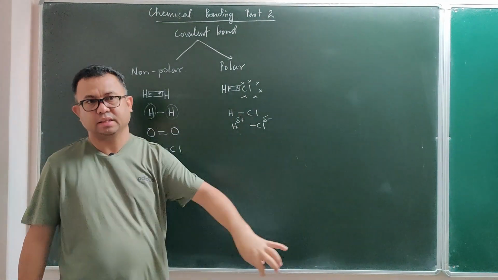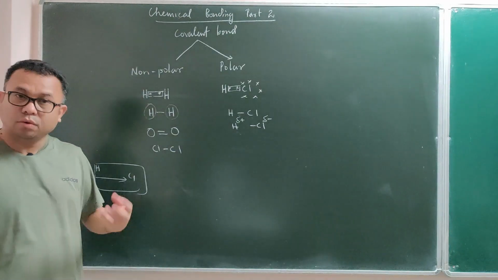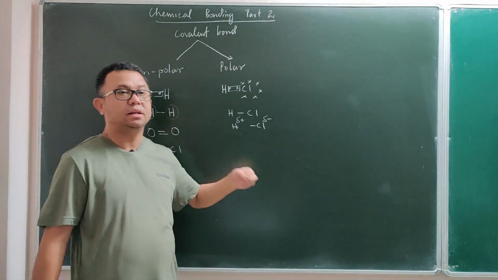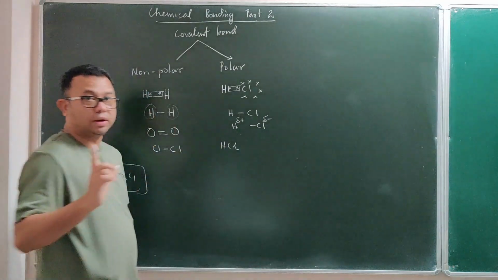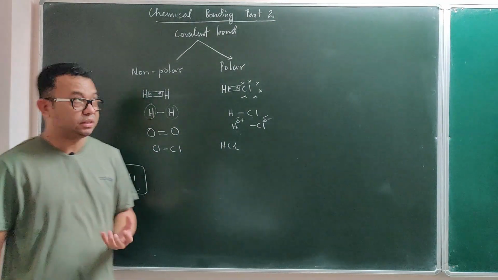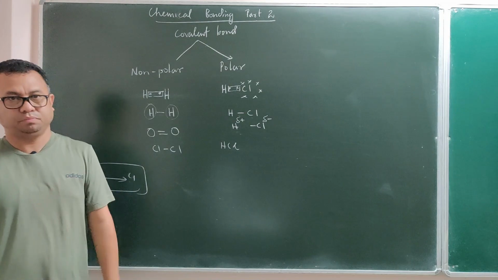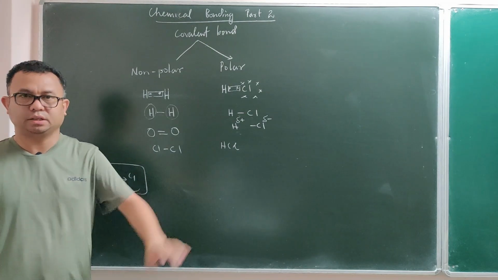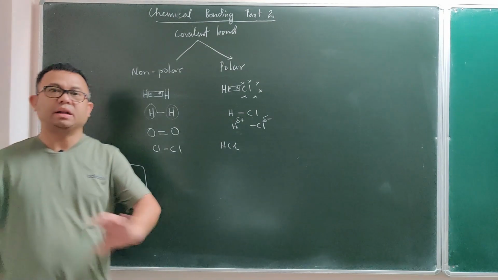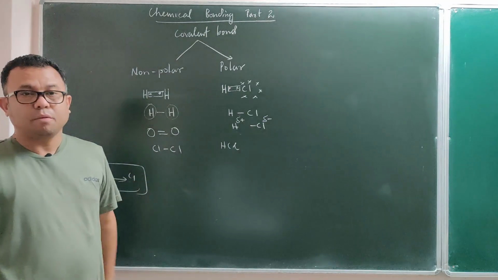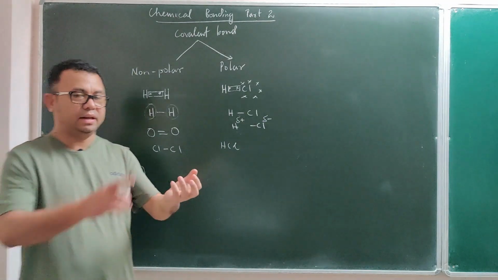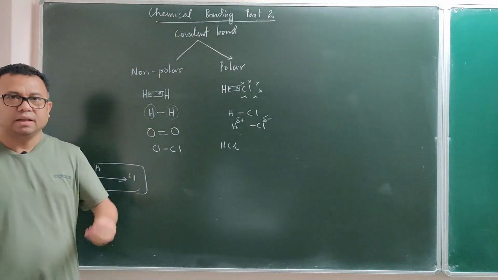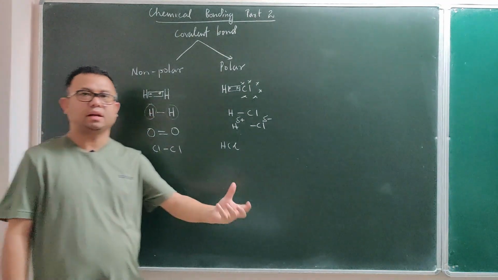For example, HCl will start conducting. Don't forget, here we are talking about conduction of electricity by chemical compounds, not physics conduction, which is metallic conduction. Compounds conduct electricity if they are made up of ions, especially in aqueous solution or molten state. If they can produce ions, then we say they are conductors.